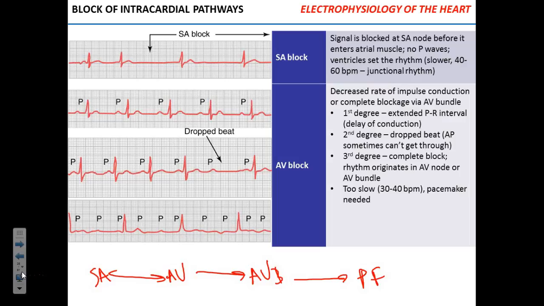Nodes can become dysfunctional. Does anyone remember the pacemaker cells in those nodes? What are they? Yes, but they are certain cells that are modified.